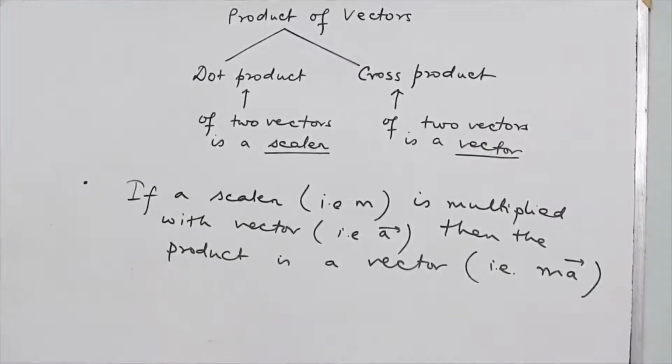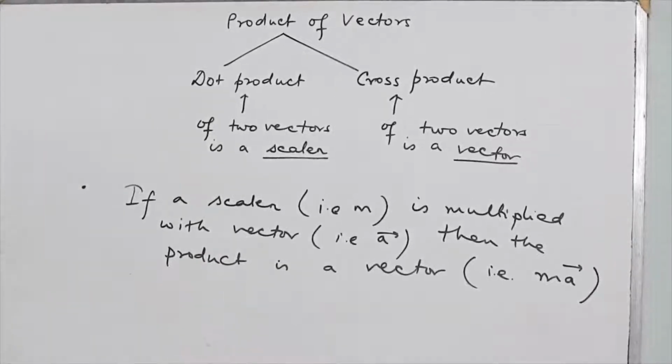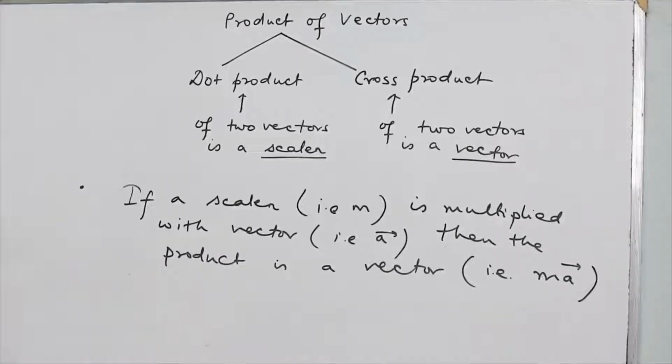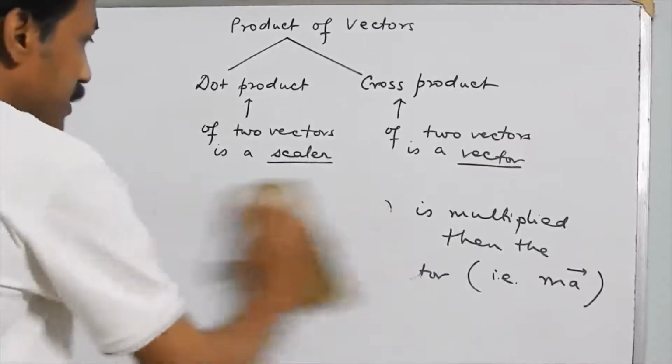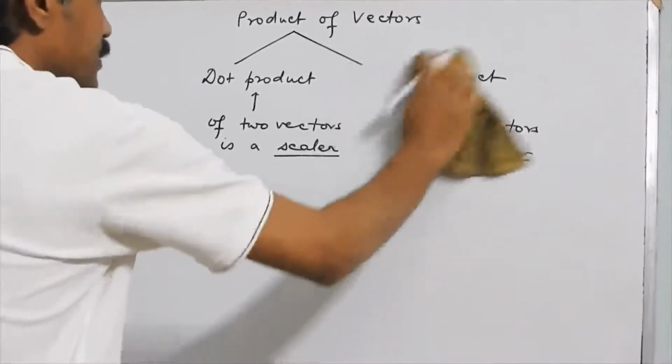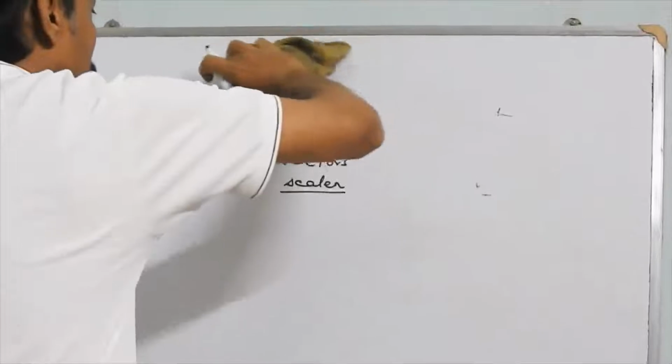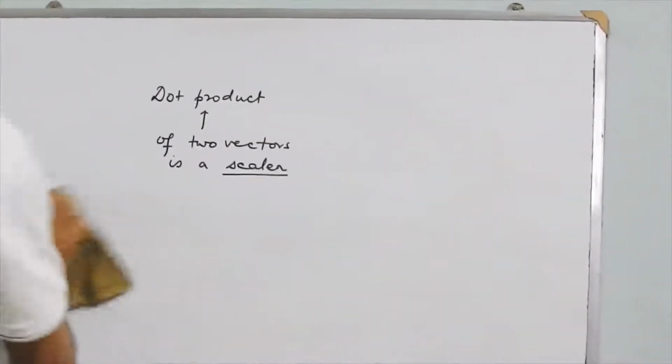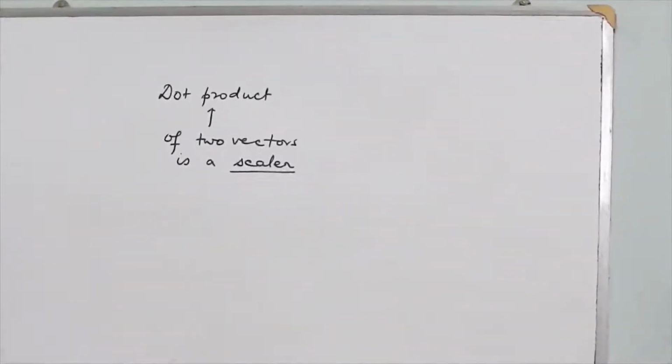So let us now focus our discussion on dot product of 2 vectors. So dot product of 2 vectors will produce a scalar, and suppose there are 2 vectors, say a vector and b vector.